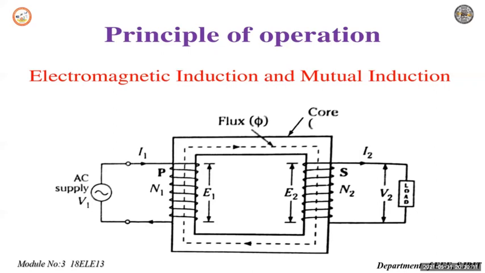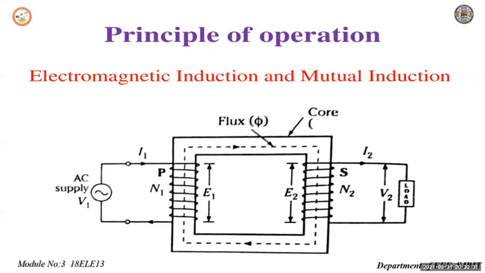The primary winding has N1 turns. You can see on the screen N1 number of turns, while the secondary winding has N2 number of turns. When the primary winding is excited by an alternating voltage, it circulates an alternating current.